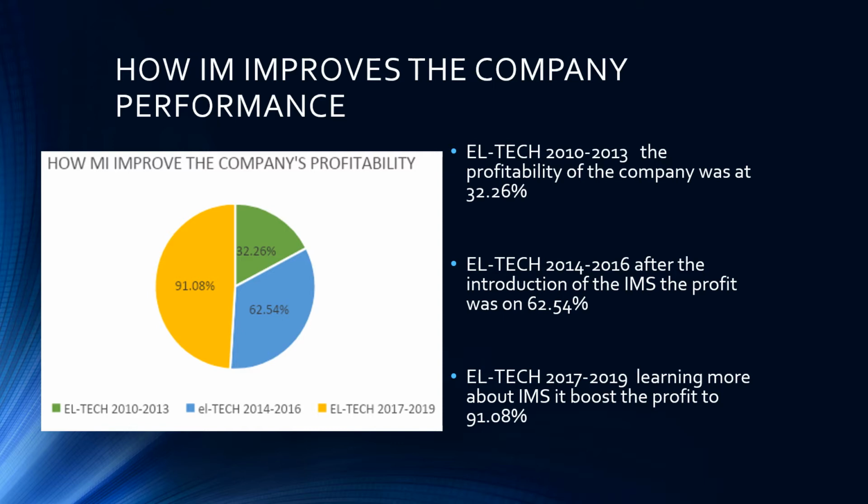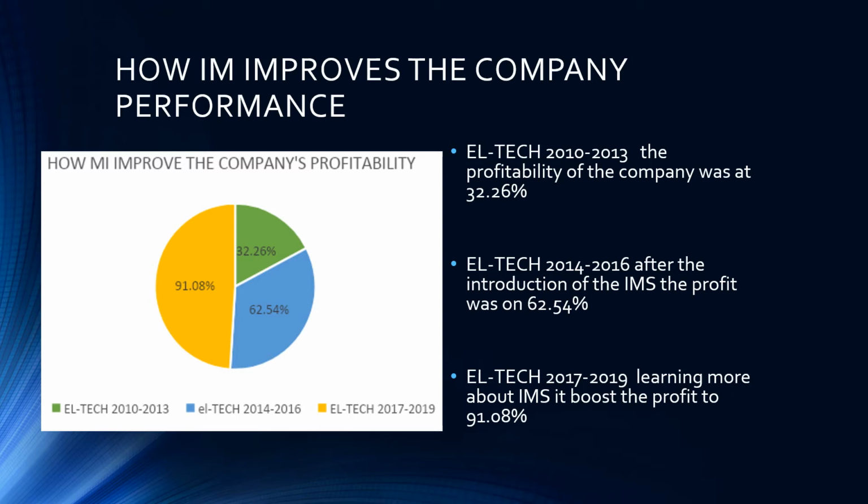As you can see in this graph, at LTech in 2010 to 2013, the profitability of the company was at 32.26%, which shows that at that time the profitability was very low. But in 2014 to 2016, after the introduction of the inventory management system, the profit was 62.54%.